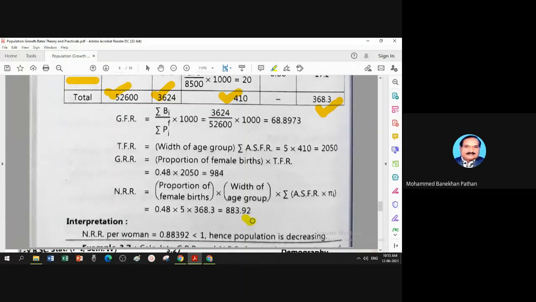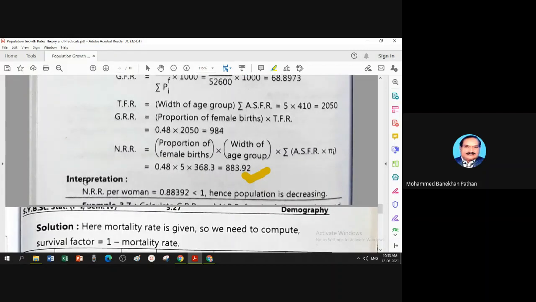By using this number, you have to make an interpretation. NRR per woman is for 1000, so divide by 1000: 0.88392, which is less than 1. So population has a decline trend. So population growth is decreasing on the basis of this data.